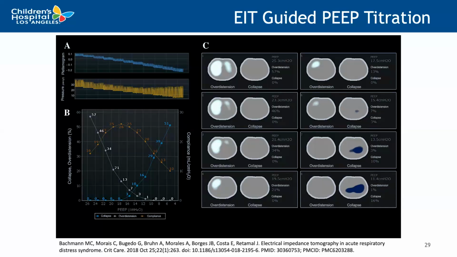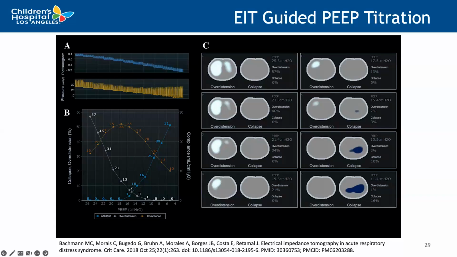The images on the top show both the plethysmogram, which is the impedance changes at every step, as well as the pressure. So you can see during the decremental PEEP, the PEEP is lowered every 2 or so minutes. The orange line is your compliance, so a nice U-shaped curve. The white is overdistension, and the blue is collapse. And so where those two meet would be the ideal PEEP.